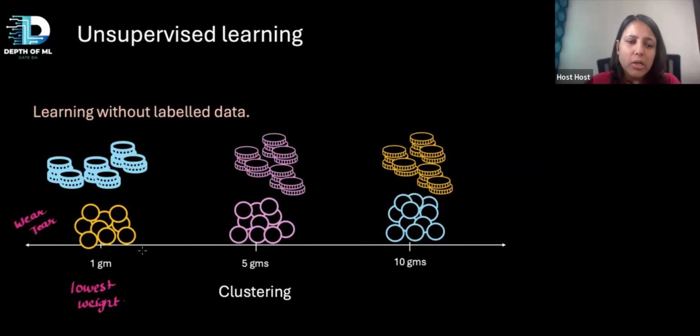Because of wear and tear, they can gain or lose weight. So whenever I take the weights, I will get the lowest weights here, then the higher weights here, and whichever have the highest weight will be collected here.